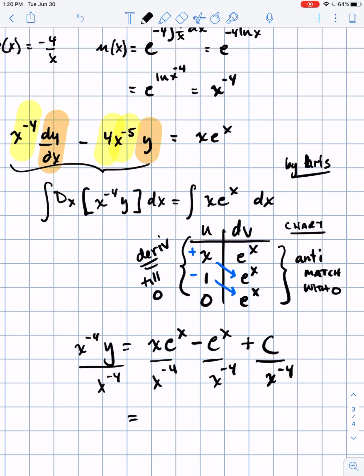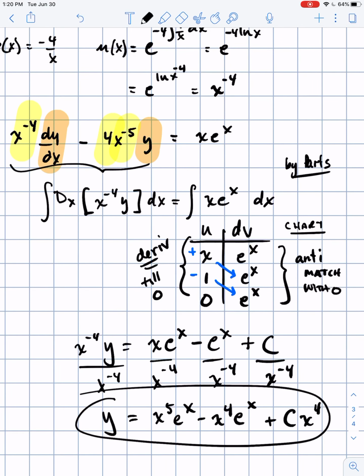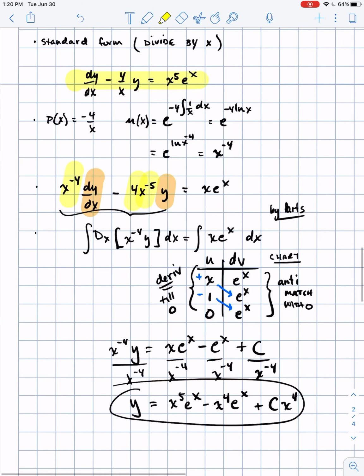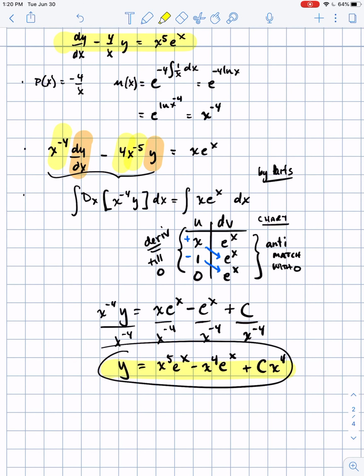And so what I wind up getting is x to the 5th e to the x minus x to the 4th e to the x, plus c x to the 4th, right? And that is going to be my general solution. So you start with a differential equation, and you finish with a solution.